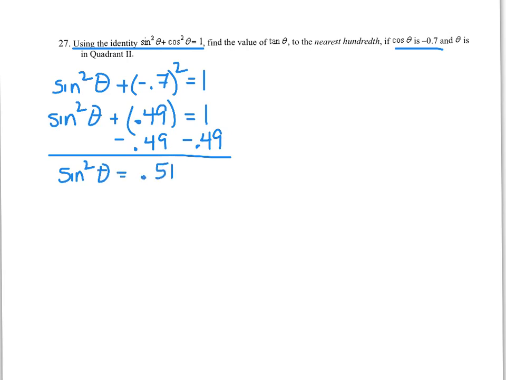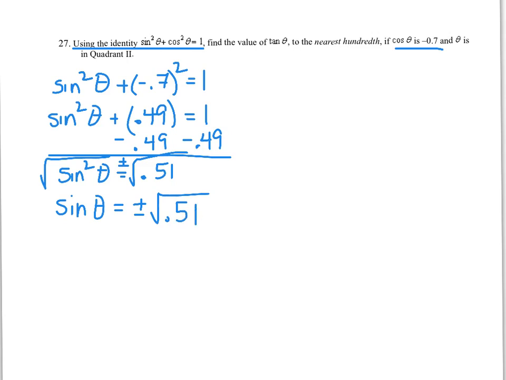All right, so I'm going to try to get sine theta by itself. So remember, the opposite of squaring would be to take the square root. Now remember, when I take a square root, I technically need a plus or minus. So I've got the sine of theta equals plus or minus the square root of 0.51. Now let's talk about this for a second.